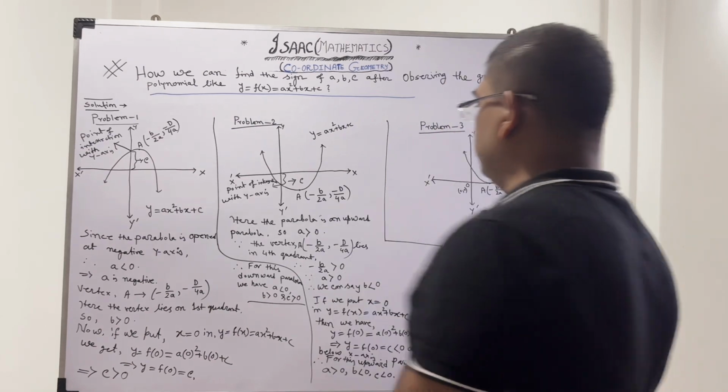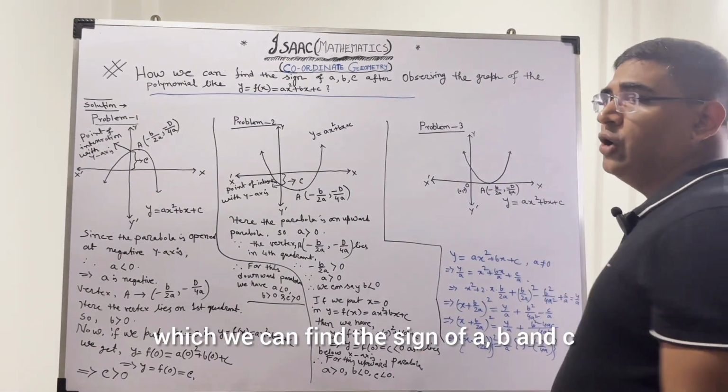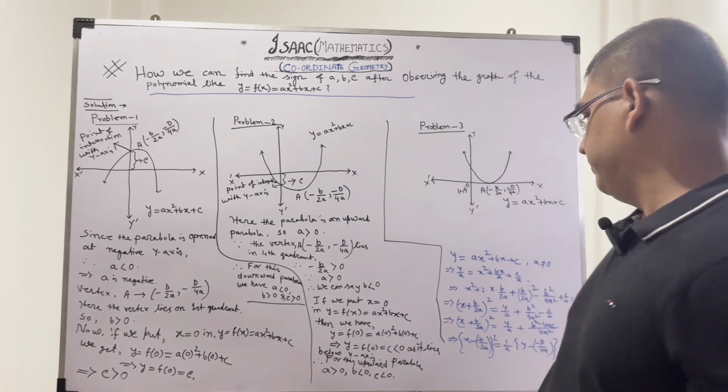Okay. So this is the way by which we can find the sign of a, b and c.